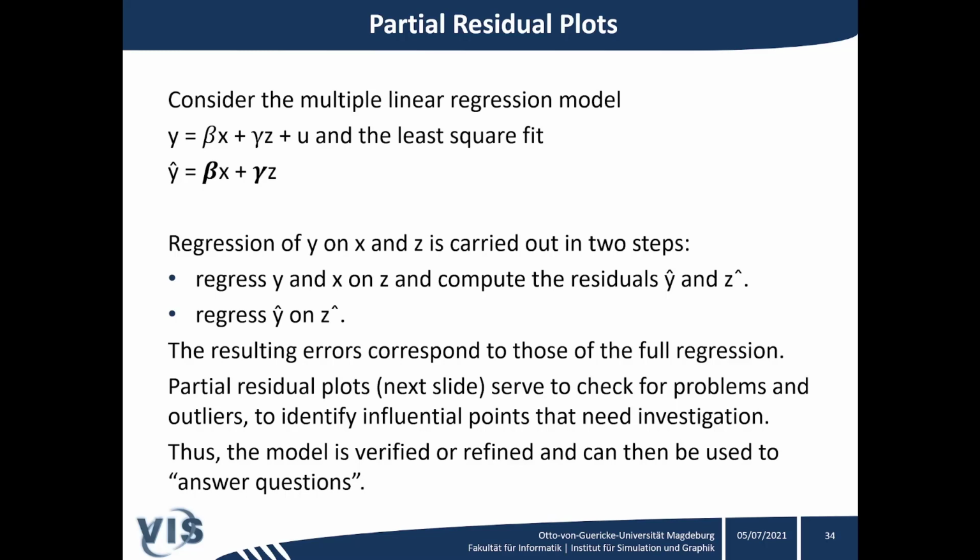Partial residual plots, which we see on the next slide, serve to check for problems and outliers, as well as to identify influential points that need investigation. Thus, the model is verified and refined and can then be used to answer questions.